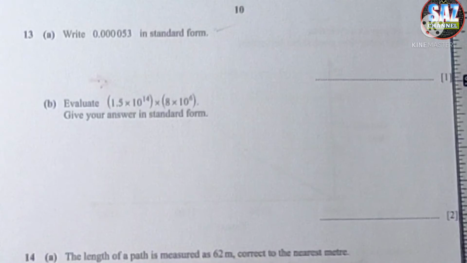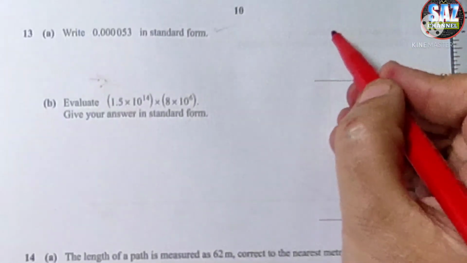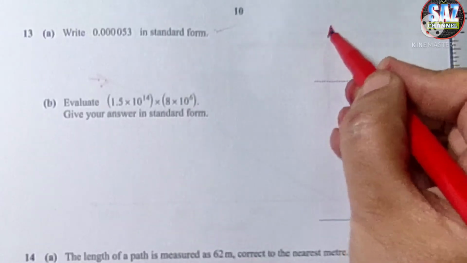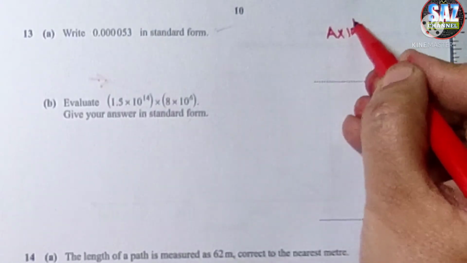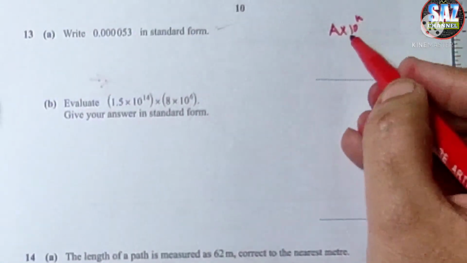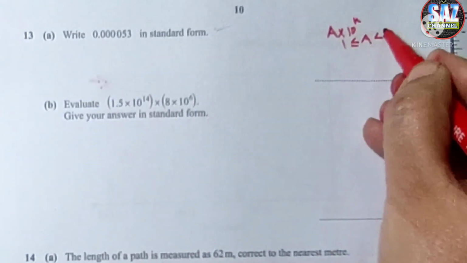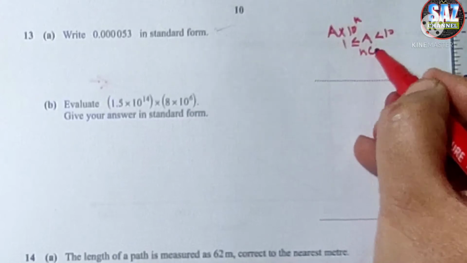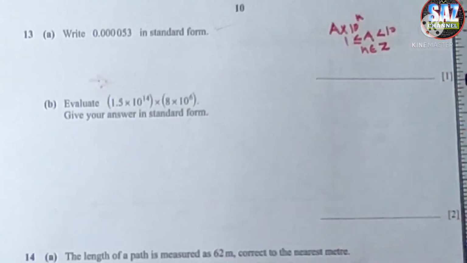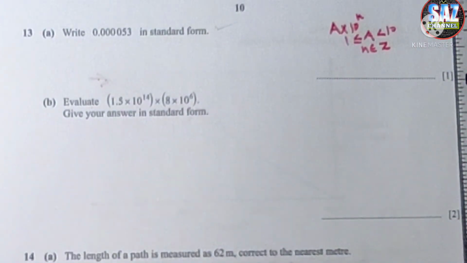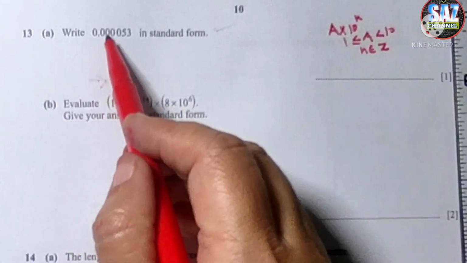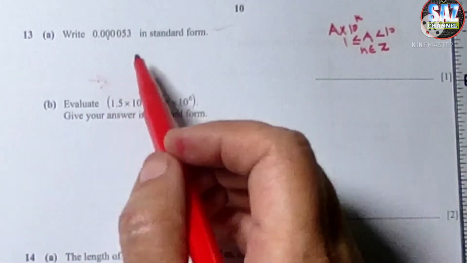As we know that in order to write a number in standard form, a number must be expressed in the form of a multiplied by 10 raised to the power of n, where a is the number between 1 and 10 only, and n has to be the integer that can be positive, can be negative. So this number 0.000053 is less than 1.